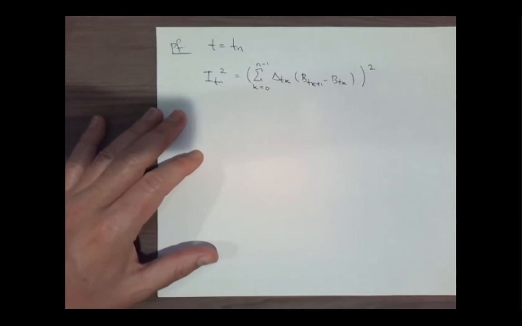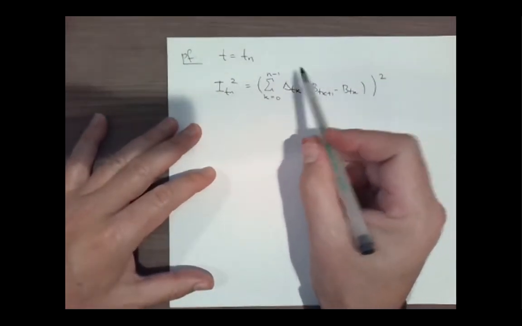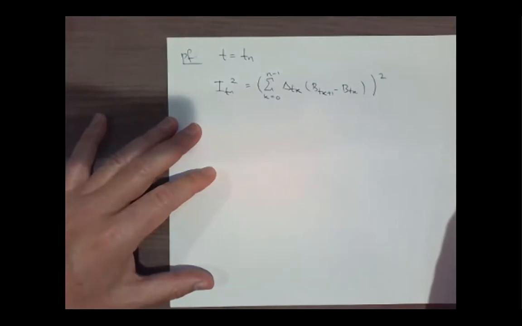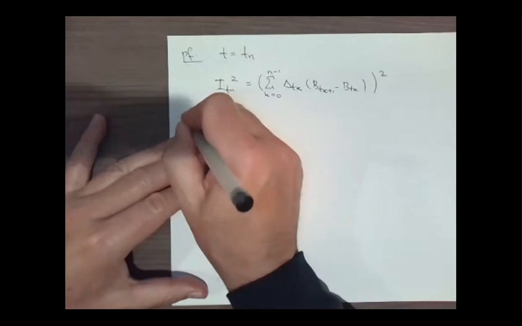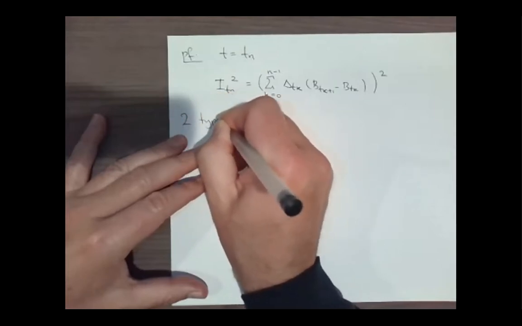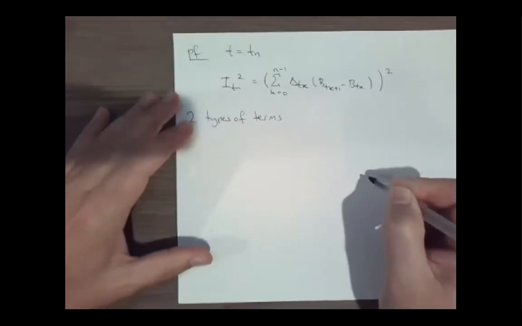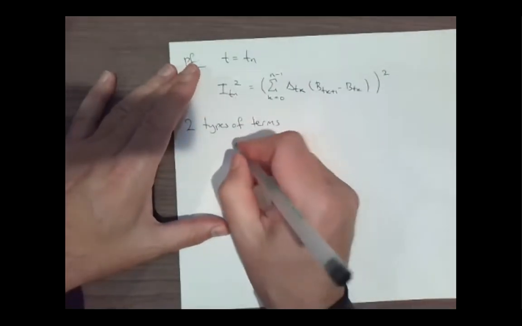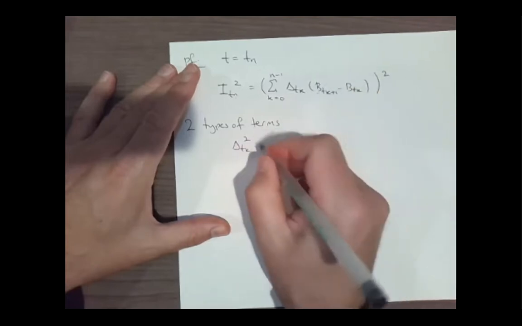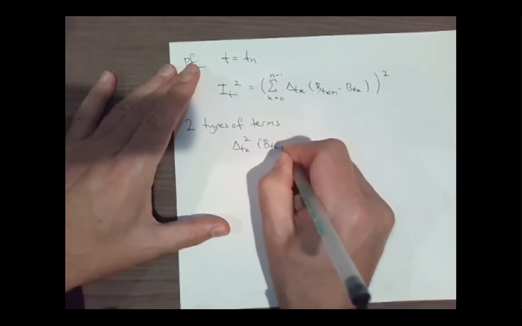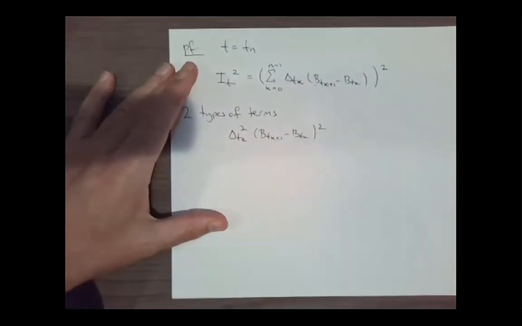So let's see, what kind of terms will we find on the right-hand side? We are squaring a sum, right? So we will have different terms. There'll be two types of terms. On one hand, you will find terms like Delta_{t_k} squared, and then this increment (B_{t_{k+1}} minus B_{t_k}) squared.